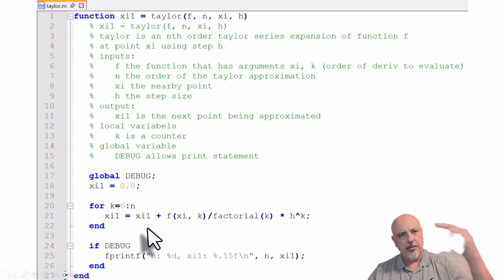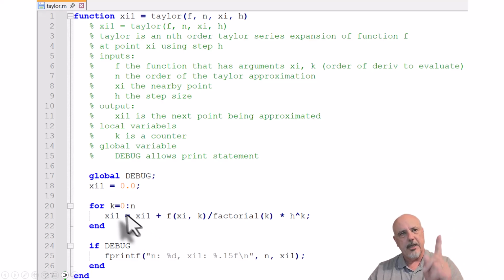And then I just accumulate that x sub i, and if k is 2 or higher, k would be 2, so it's going to go to my function and ask for the second derivative evaluated at the reference position or the home position, divided by factorial 2, times h squared. I just keep doing this until I get to n, and then I return from that function.